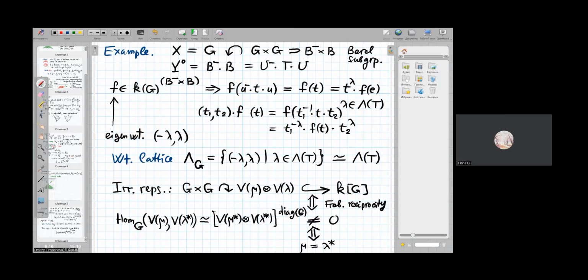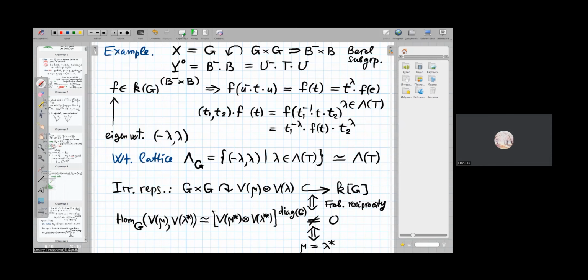Okay? So we know which irreducible representations of G cross G occur as irreducible summands in the coordinate algebra of G. And actually, we can write down explicitly how V lambda star tensor V lambda embeds into K of G.